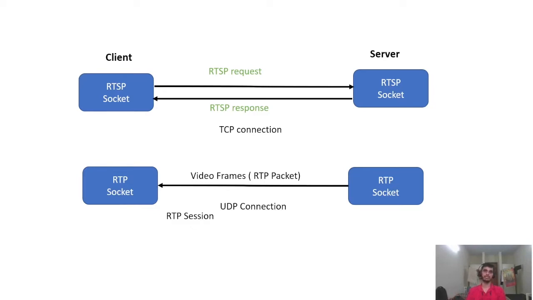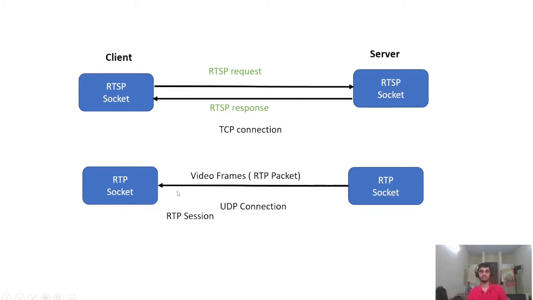In addition to that, it will start sending the media data using RTP packets. On the server side, the media data will be encoded into RTP packets and sent to the client in the form of RTP packets. And at the client, these packets are decoded, and the client uses the media data after decoding.